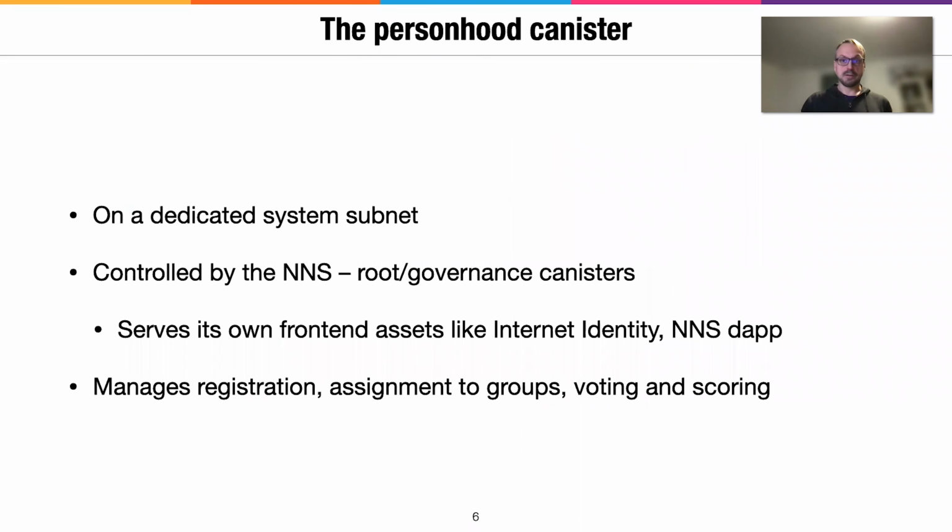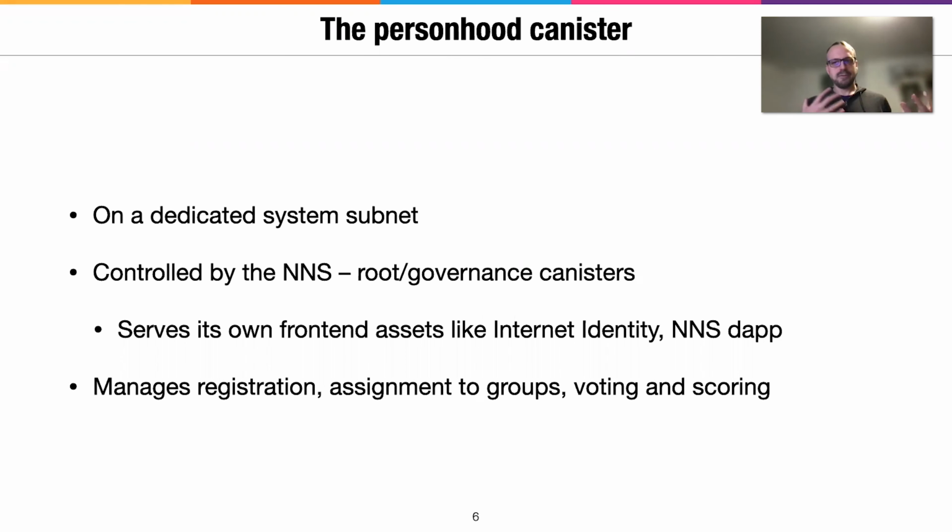Now, a bit more details about the components and the mechanisms. The people party canister, we call it the personhood canister, exists on a separate dedicated system subnet. The fact that it's a system subnet means it's more or less part of the Internet Computer governance system, and it does not pay cycles.